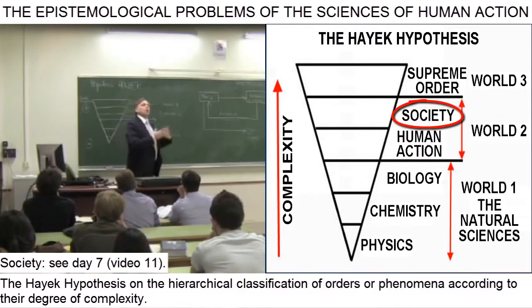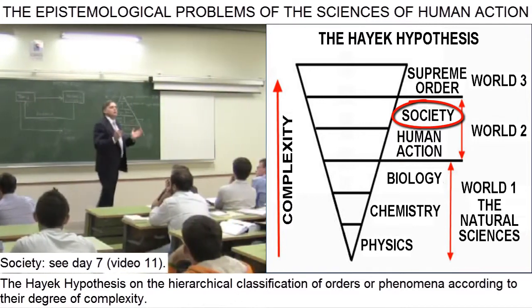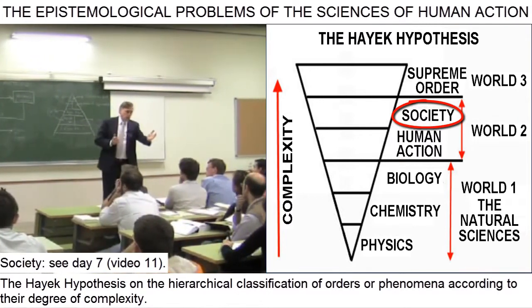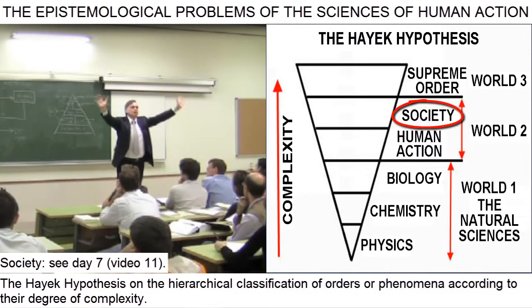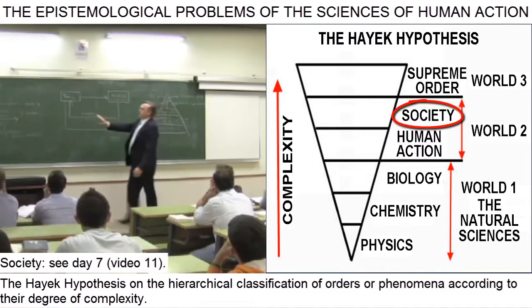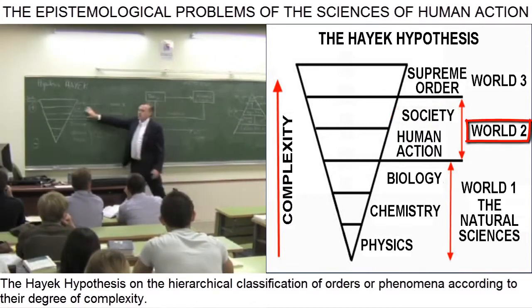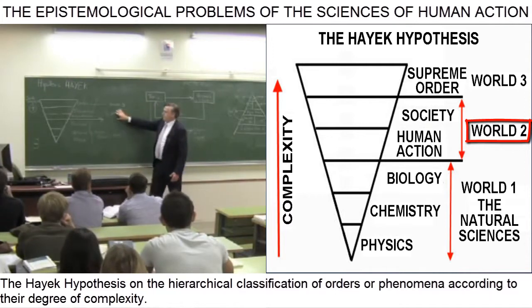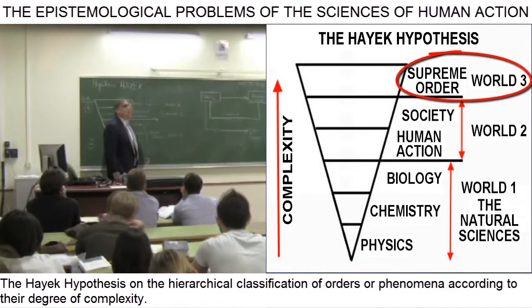It creates and transmits information. It coordinates the maladjusted behavior of human beings, and it does so in a competitive manner. All of this results in the boundless multiplication of life, understood as an ever greater number of human beings who enjoy an ever higher quality of life. That limitless expansion, the social Big Bang I was telling you about, well, the study of those phenomena would pertain to World 2.